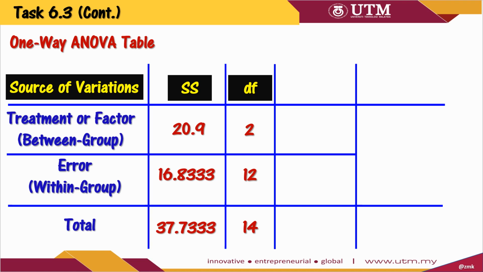Now the fourth column is for the mean squares, obtained by dividing the sums of squares in the second column by the corresponding degrees of freedom in the third column.